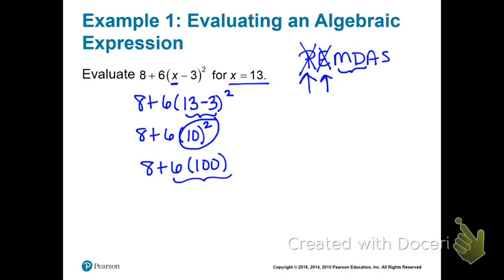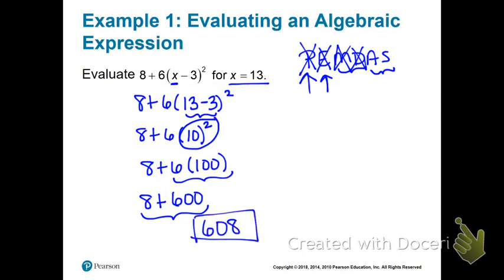So we do have the multiplication right here, so let's go ahead and do that. And 6 times 100 is 600. And we said there's no division. And then the same thing with addition and subtraction. They're on the same level, so you will work them from left to right as well. But this one, we only had the addition here, and so 8 plus 600 is 608, our solution.